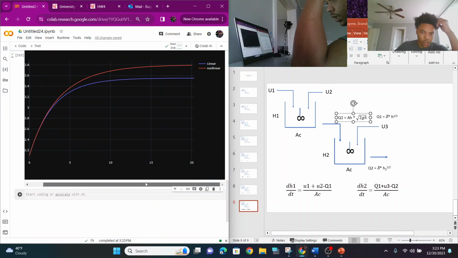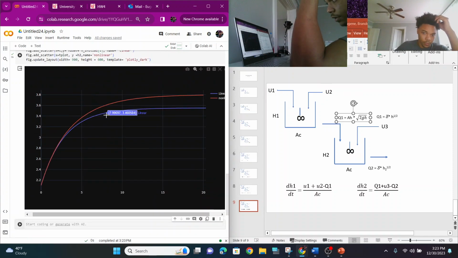Alright, and there we have it. We have our linear guess, and then we have our linear graph, and then we have our graph with the step function.